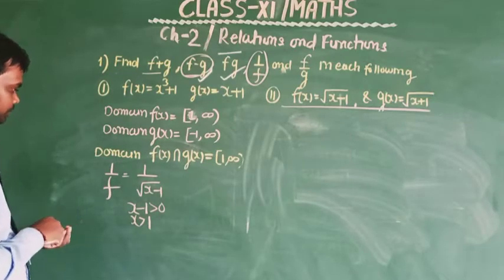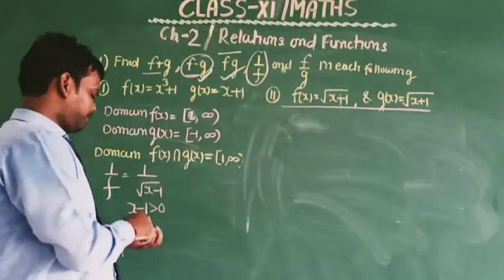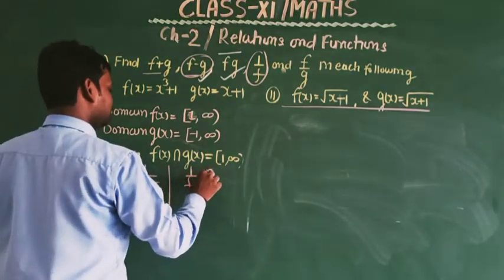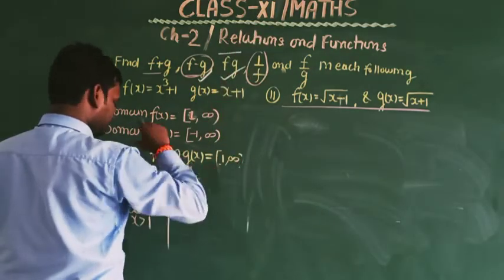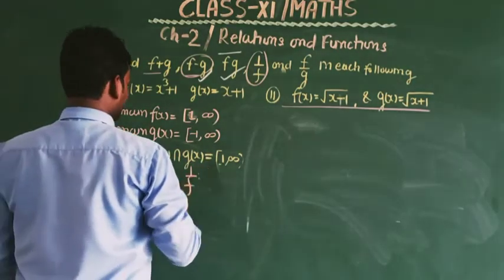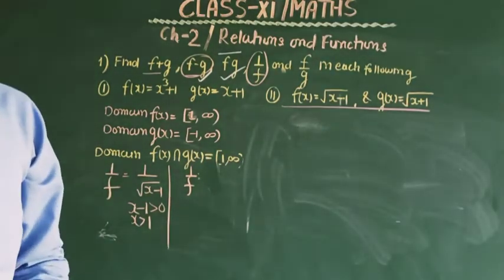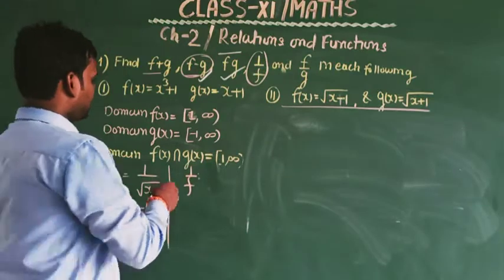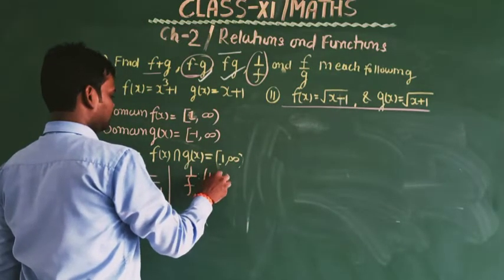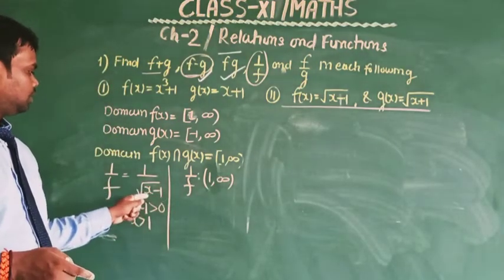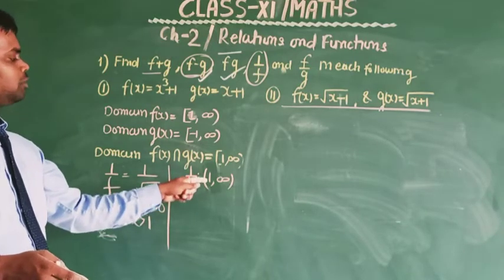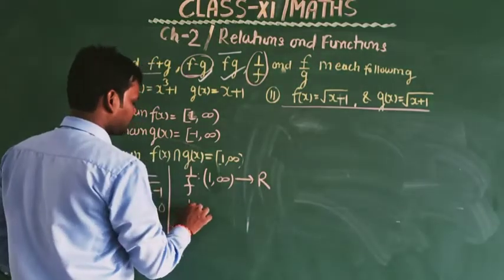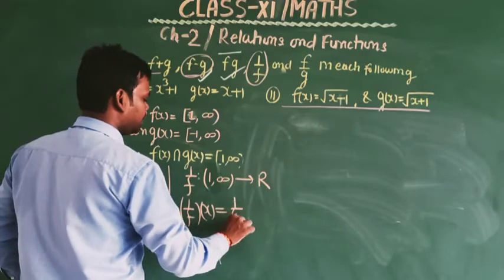So the domain of the function 1 upon f is the open interval 1 to infinity. Write the open interval 1 to infinity to R, all real numbers, by 1 upon f equal to 1 upon fx.